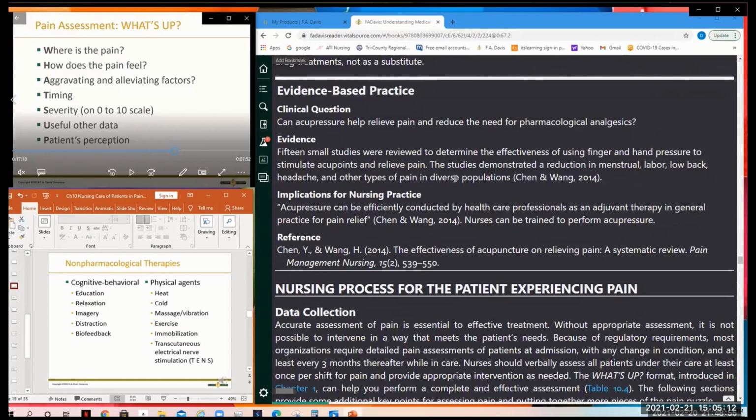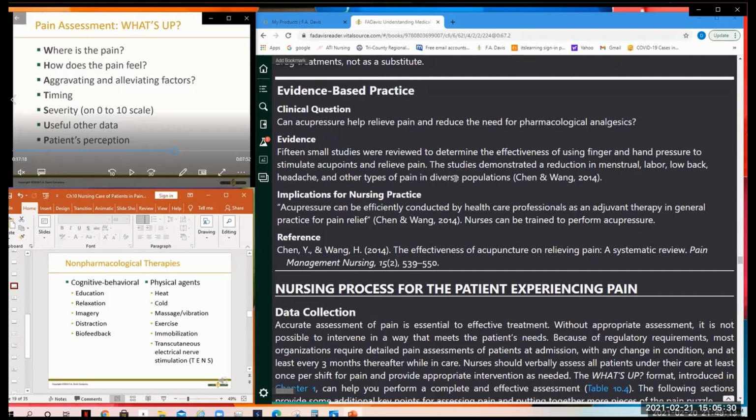The studies demonstrated a reduction in menstrual, labor, low back, headache, and other types of pain in diverse populations. Implications for nursing practice.